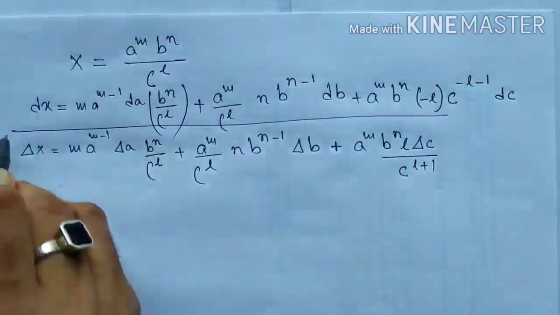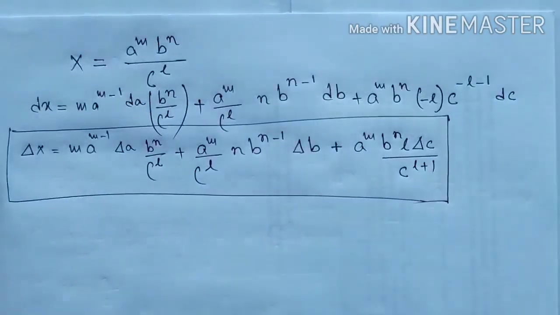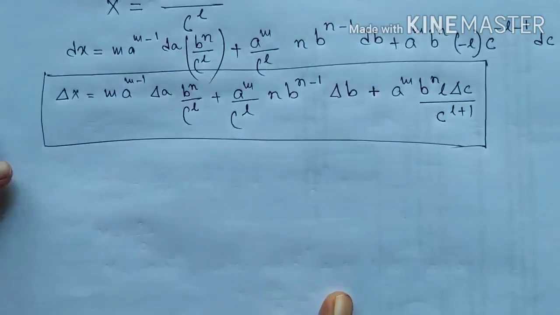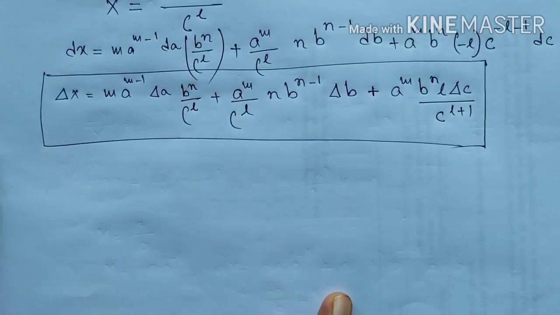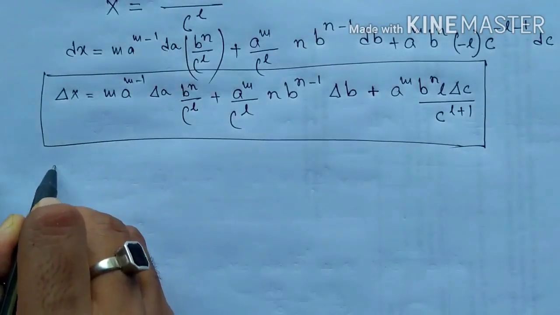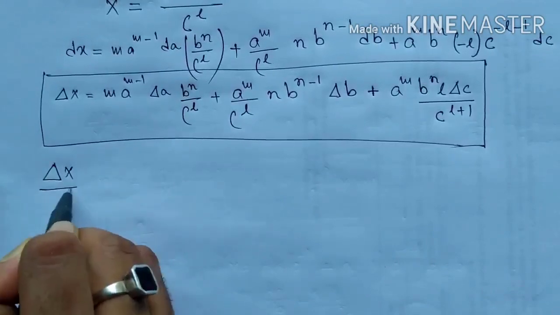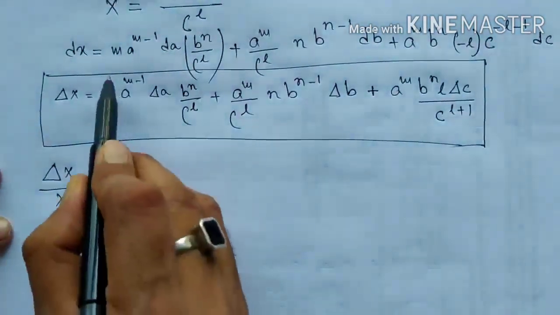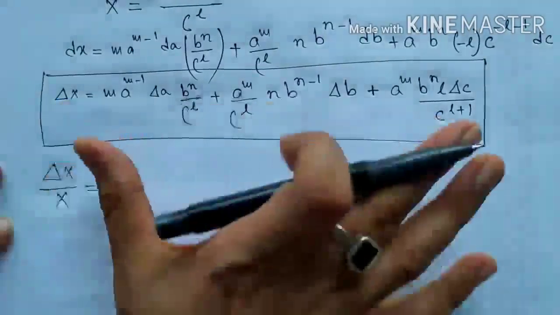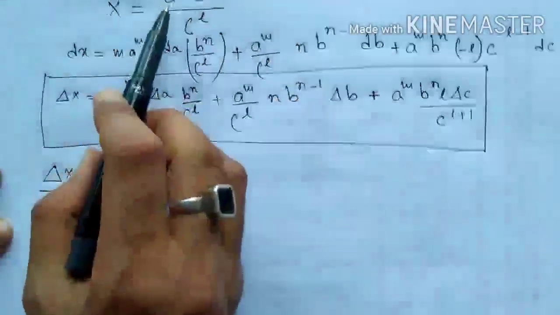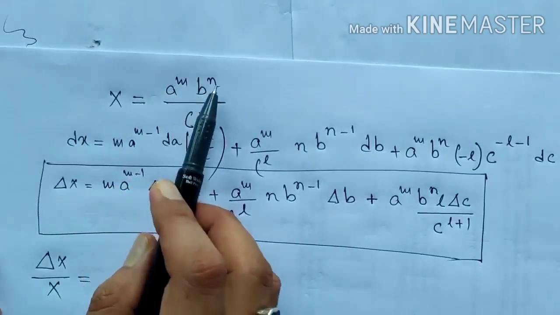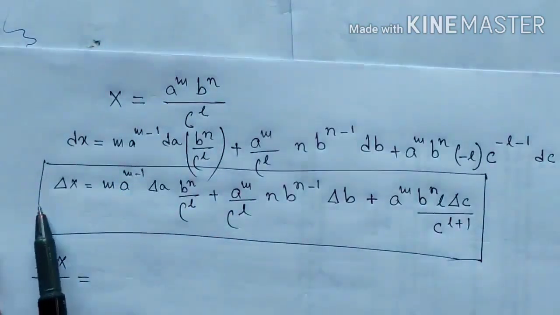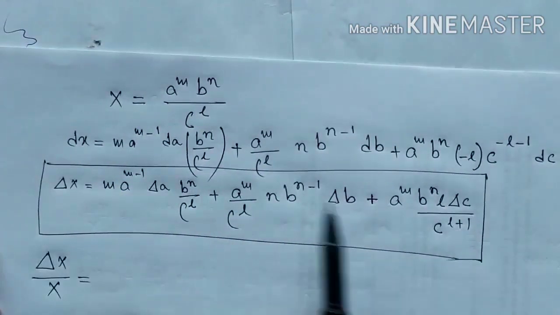Maximum permissible error. Now I have to calculate fractional error. So what is fractional error? It is delta x by x. Fine. So that means I have to divide this entire quantity by A to the power M, B to the power N divided by C to the power L. I have to divide this entire equation by this one.